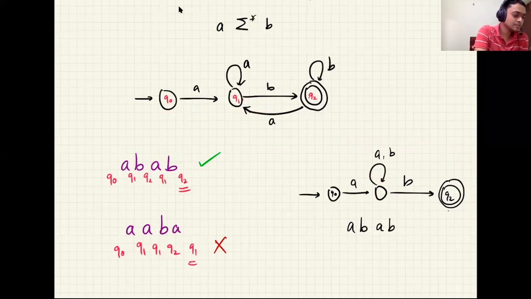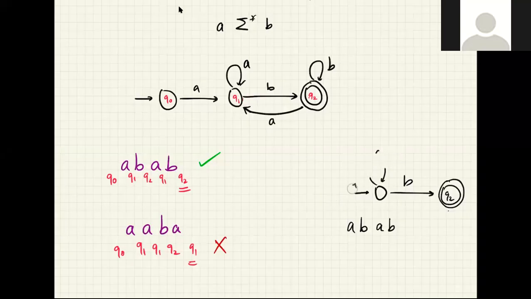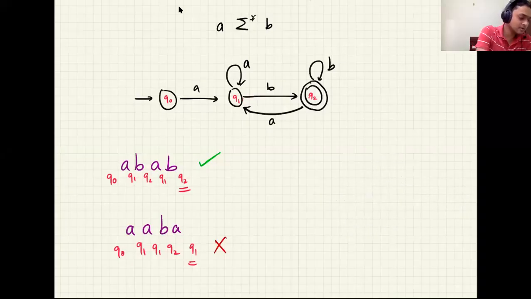But let's not look at it for the moment. So the condition that we want to impose, which we have not explicitly seen so far, is that from every state, let me draw it.